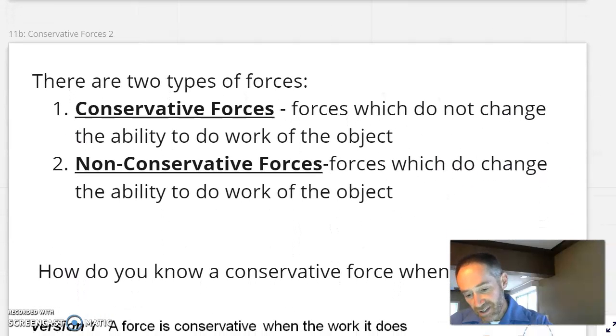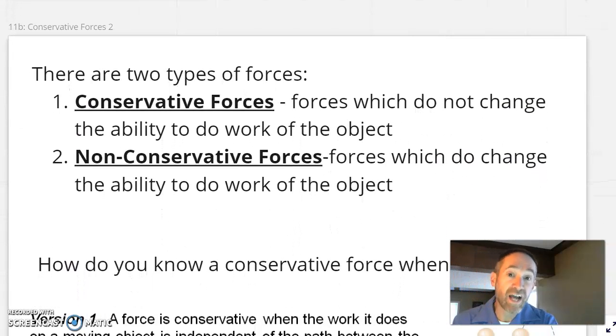That's because fundamentally there are two different kinds of forces, conservative and non-conservative. When we use these words, we're using them like conservationists. A conservationist wants the environment to stay the way it is, and that's what a conservative force does. It is not going to change the ability to do work of an object.